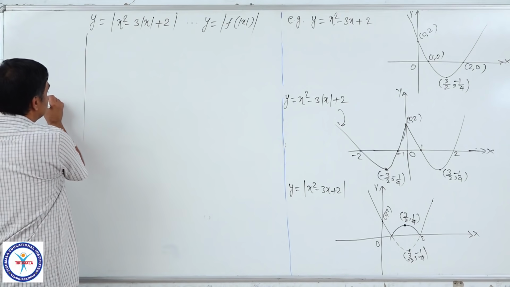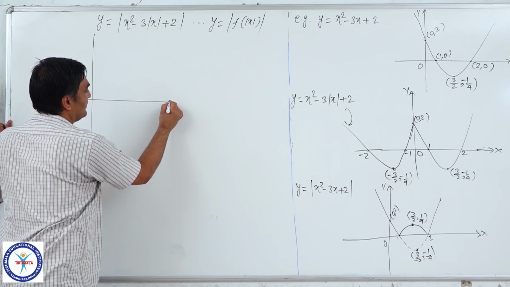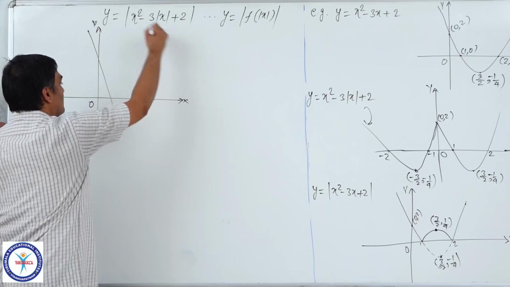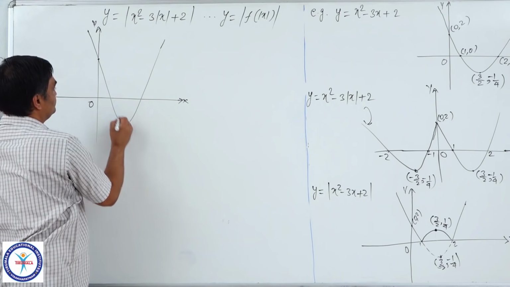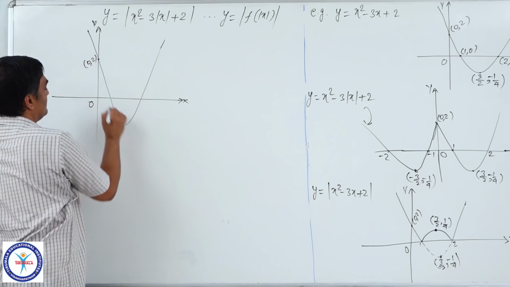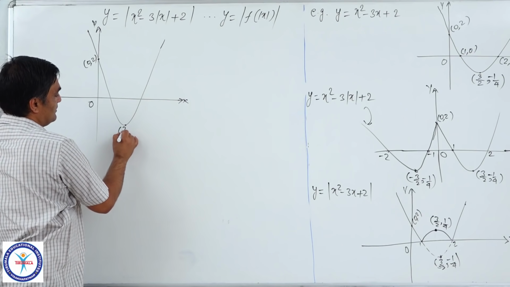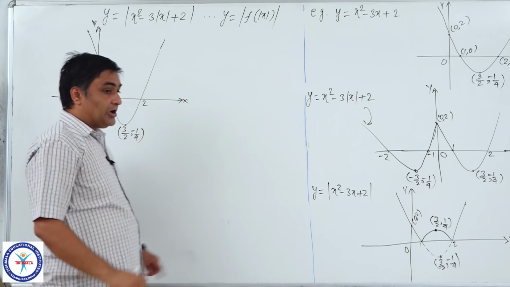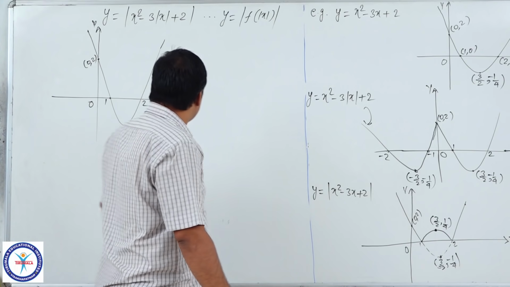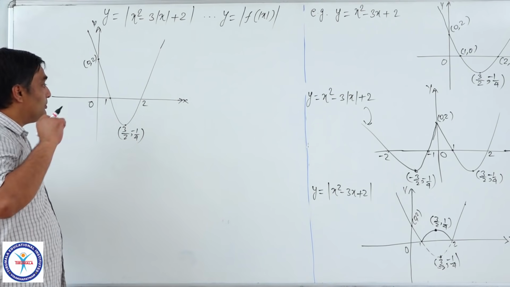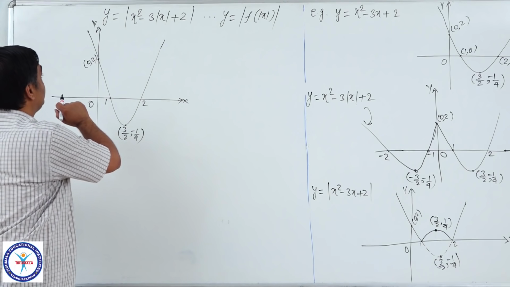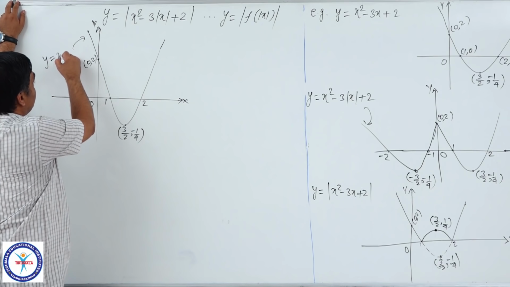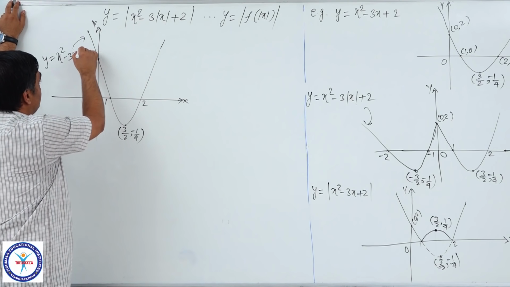Here, the original graph, means the basic function graph, is like this. Now, if we put a mod sign on x, it is which graph? y equal to x square minus 3x plus 2.